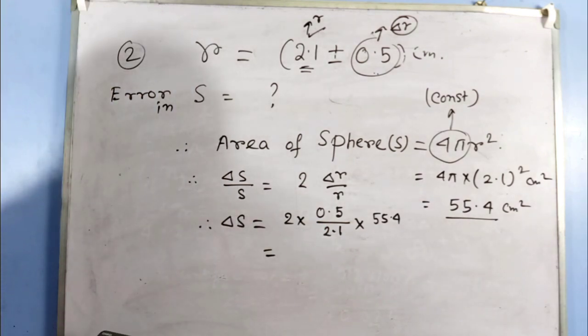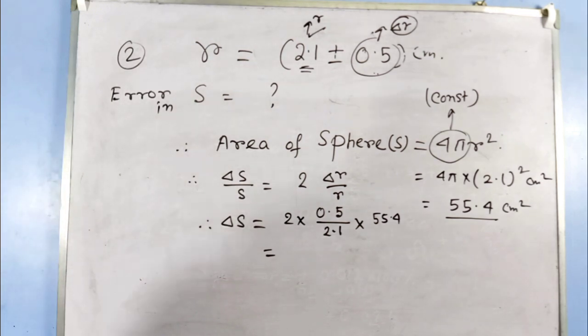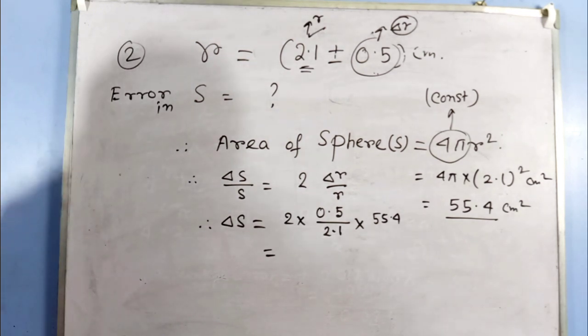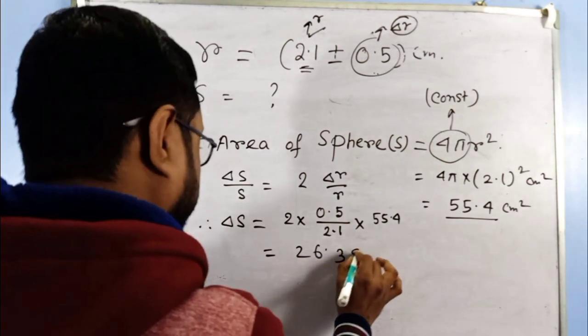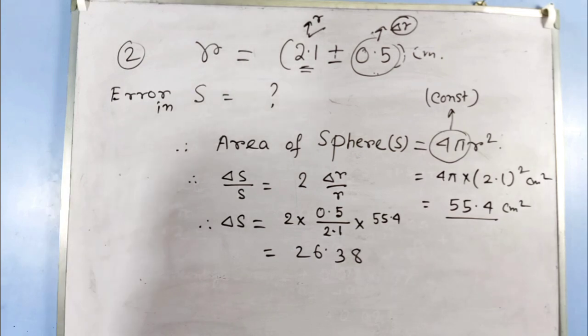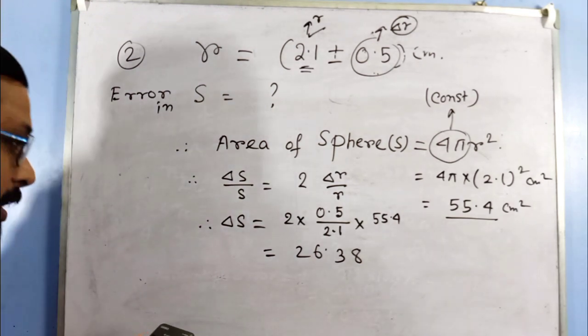So 2 into 0.5 into 55.4 divided by 2.1. So you can get 26.38.